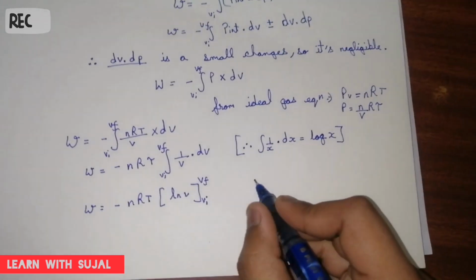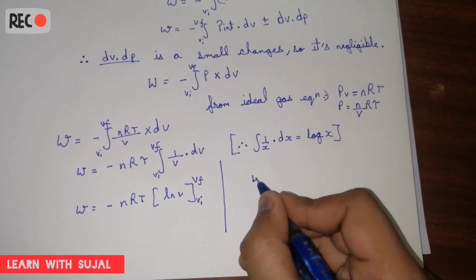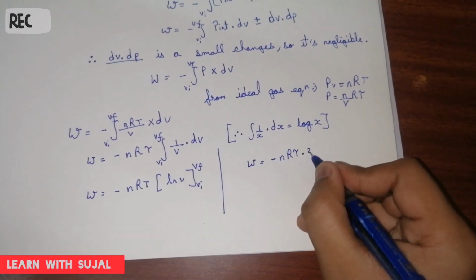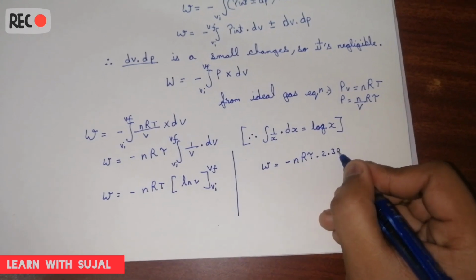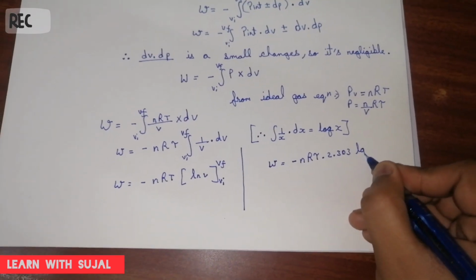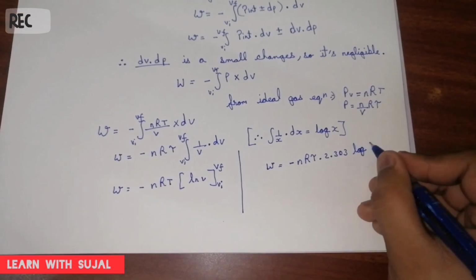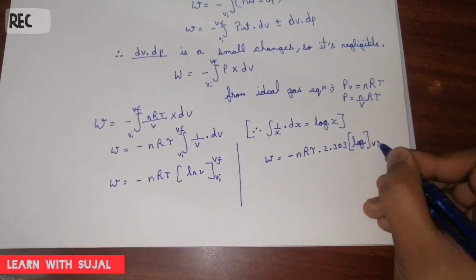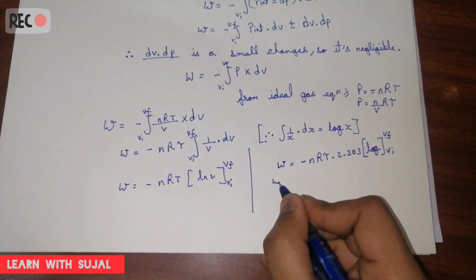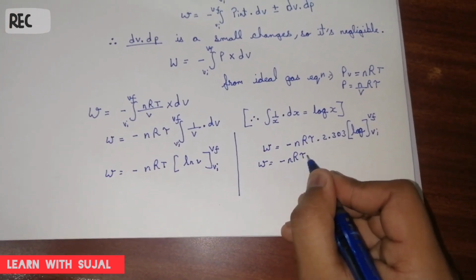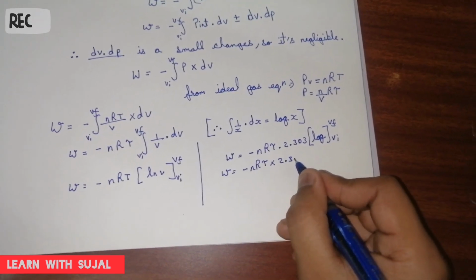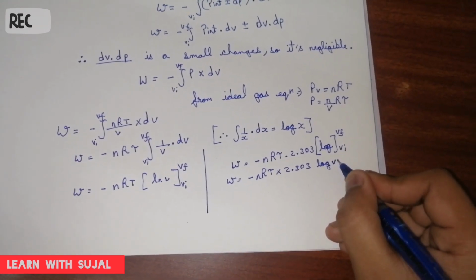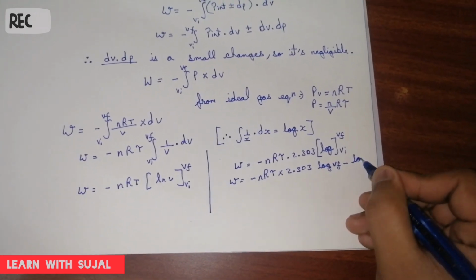From that we put this to get minus nRT 2.303 log Vi to Vf, so minus nRT 2.303 log final minus log initial.